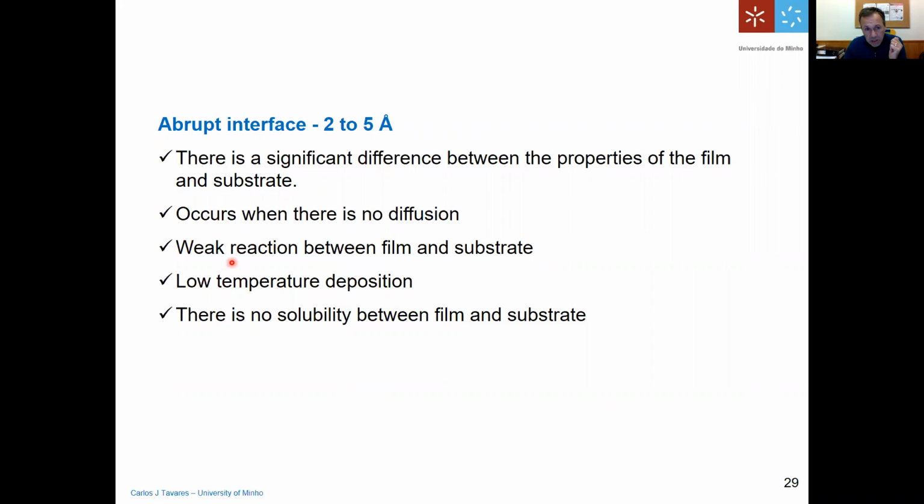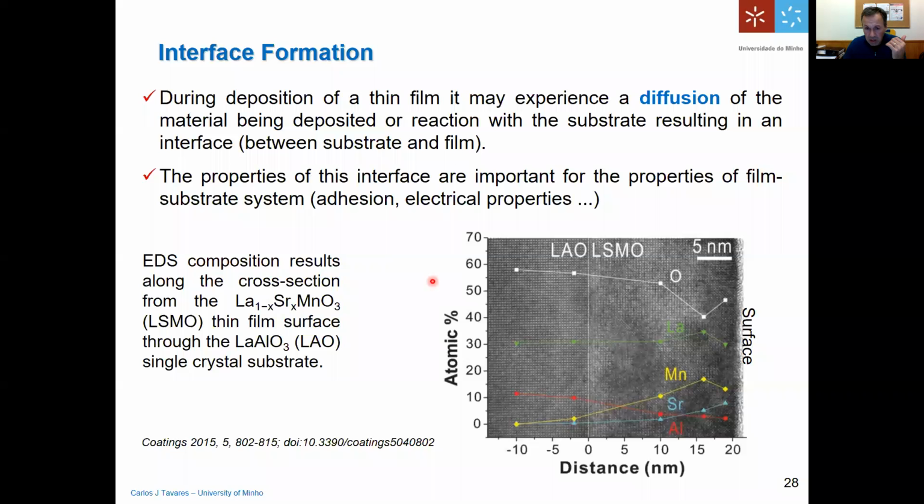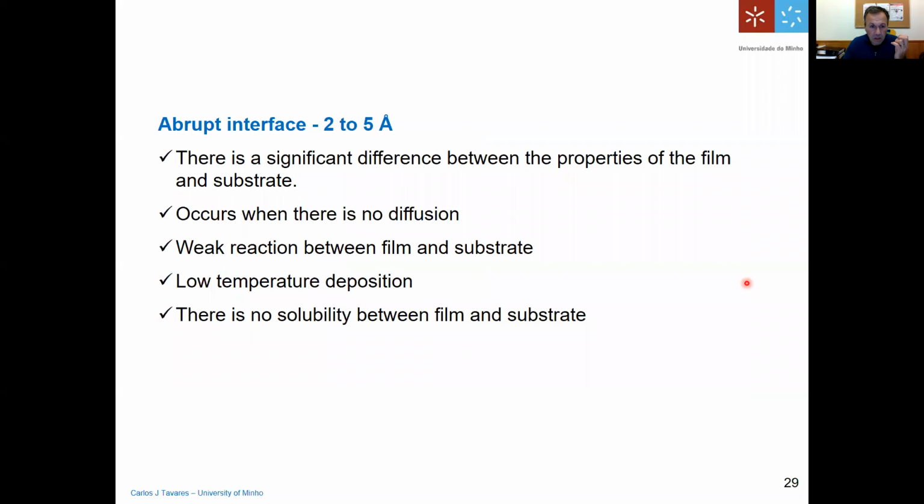So this means that there is a weak reaction between film and substrate, and normally it's associated with low temperature, which is probably not the case here because it was above 500 degrees, and that's why we have so much diffusion of manganese here, okay? And perhaps oxygen, maybe oxygen is released to the surface. And you'll have this kind of abrupt interface when you can guarantee that there is no solubility between film and substrate.